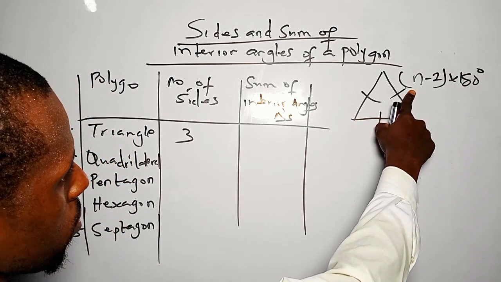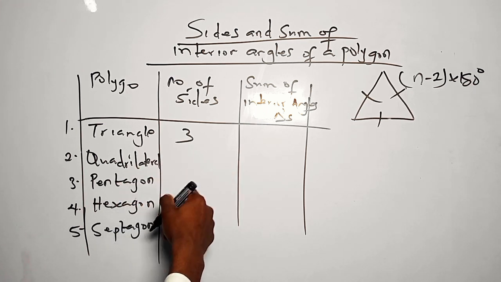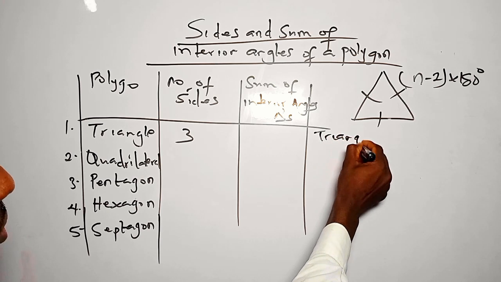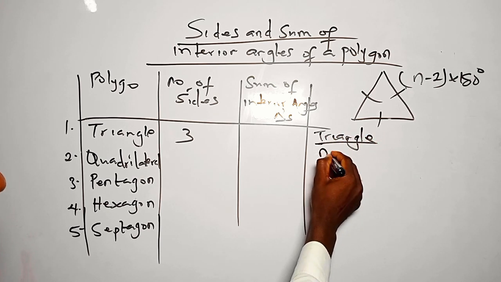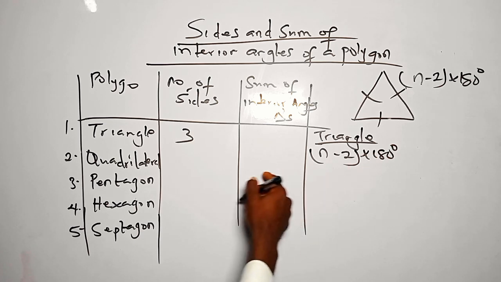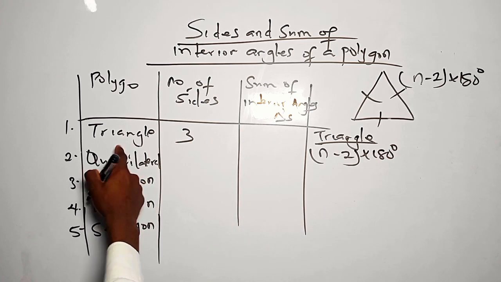We use this formula to determine the sum of interior angles of any polygon. Why are we using this formula? Because we want to determine the sum of interior angles of this triangle.